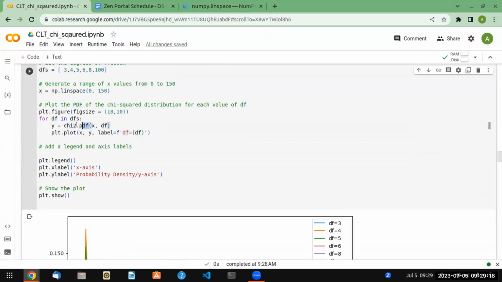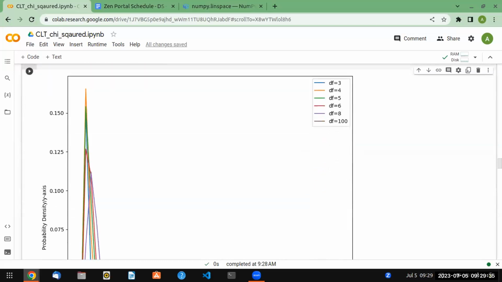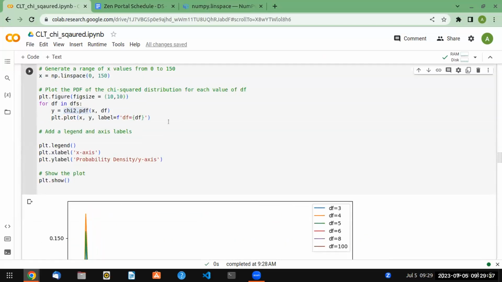Here we call it chi.pdf. So this is the beauty of object oriented programming. You can create an object and utilize that object later by calling it. So this is an example of OOPs concept, object oriented programming. Okay, so now this part is clear, Dinesh?